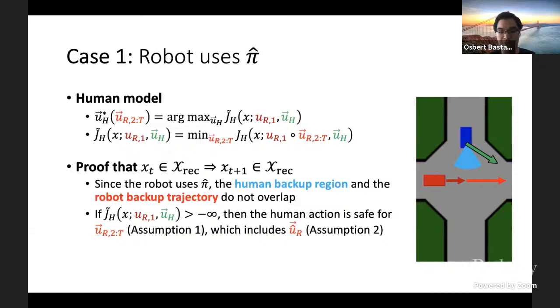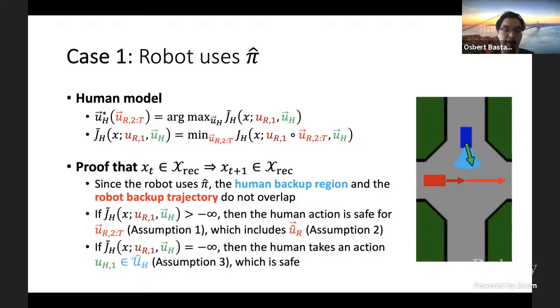Therefore, we can ensure safety, and therefore the system is recoverable. That's the basic argument. So that's if the human takes some better action. This is the case where the human can take an action that's outside of the backup region because they found some action that was better than those actions.